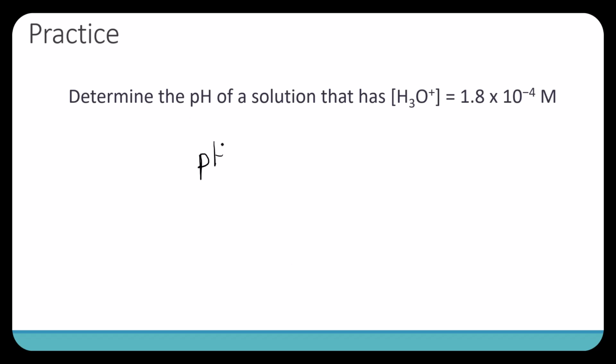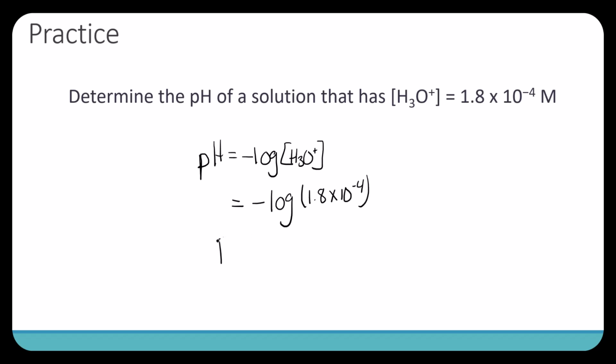The formula for pH is negative log of hydronium concentration. So we're going to take the negative log of 1.8 times 10 to the negative 4th. Let me type this in my calculator.